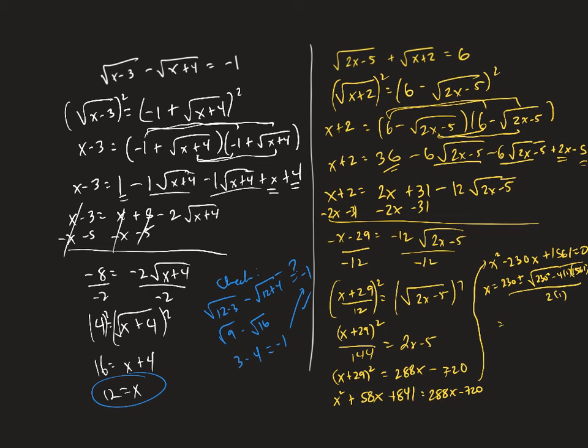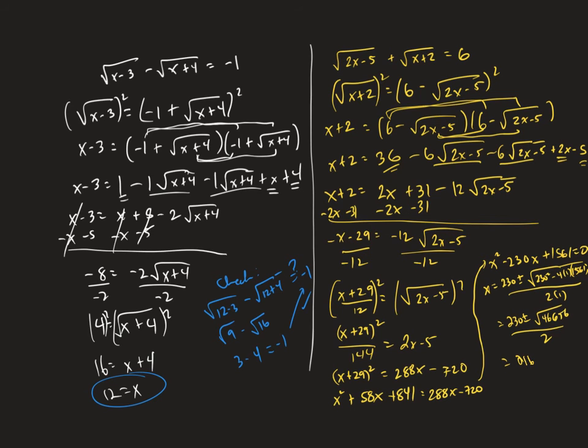Now I'll tell you, underneath the radical, you should get 46,656, which happens to be a perfect square. That is the perfect square of 216.